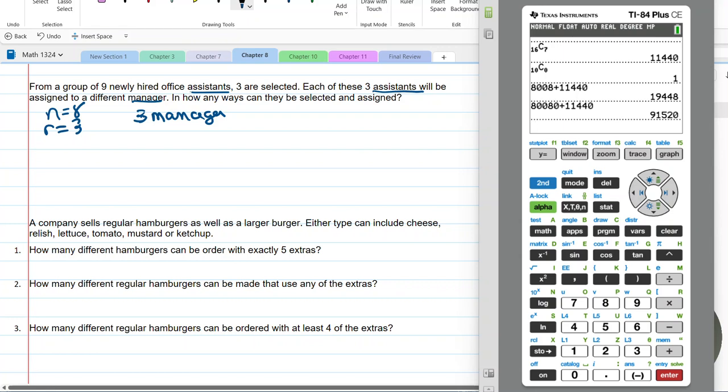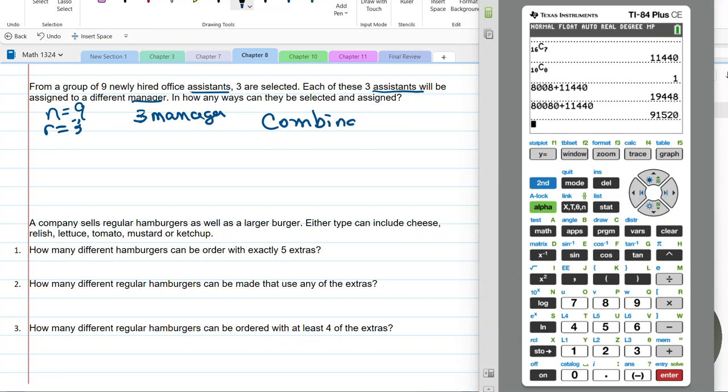So in this case, we have, oh, it's 9. I put an 8, I guess from the last problem. I'm sorry. So we're going to have a combination. It is 9 choose 3, and then we're going to multiply by 3 factorial for how many ways we can assign them to the 3 groupings of the managers.